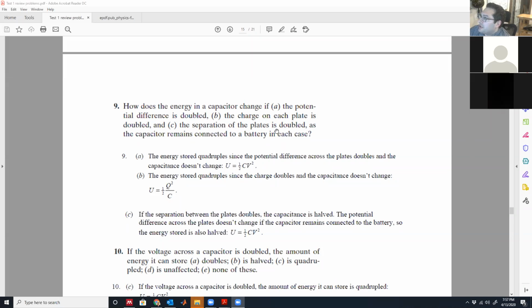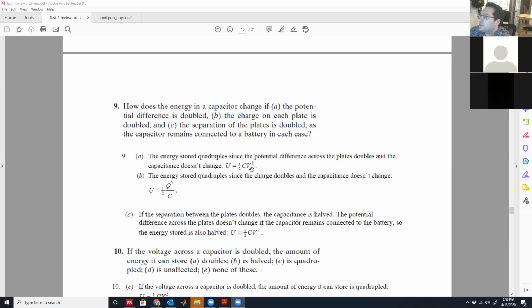So the energy in the capacitor, how does it change if the potential is doubled? You just look up the formula that we've derived in the past for the potential energy, right? And this is just 1/2 C V squared, which I think we derived in the class. And we could see that if we double the potential, it increases by 4 times, right?